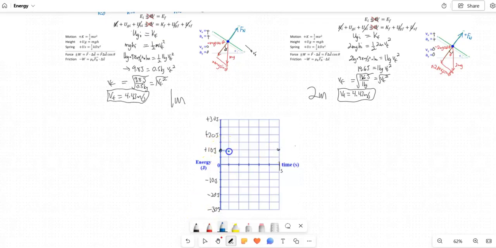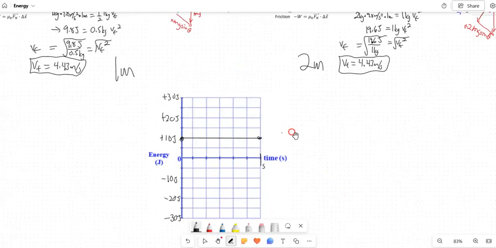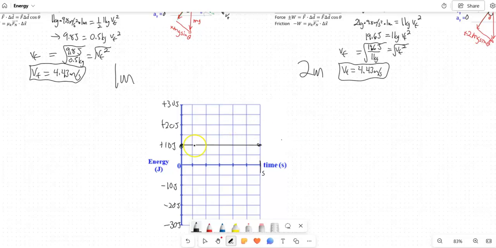So this guy's energy right here is a constant 10 joules from beginning to end. Now, if you look over here, this is for the 1 kilogram object. The 2 kilogram object, this is its starting energy, which is basically 20 joules.